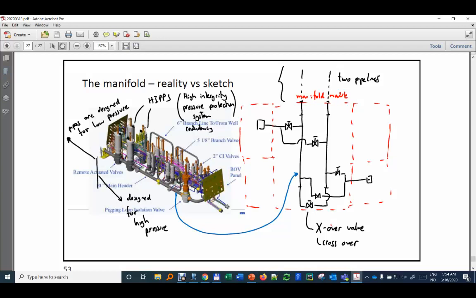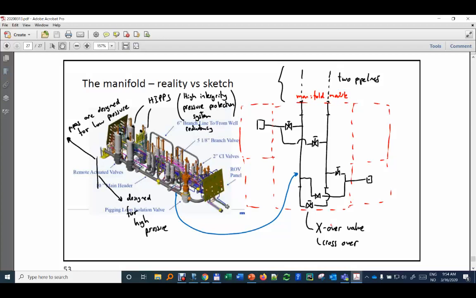You need the hydraulic line to operate valves, to open and close valves and chokes. You need the chemical injection line to inject, for example, scale inhibitor and hydrate inhibitor. Then you need the communication line if you have any instrumentation on your well, and also if you have any instrumentation inside the well.